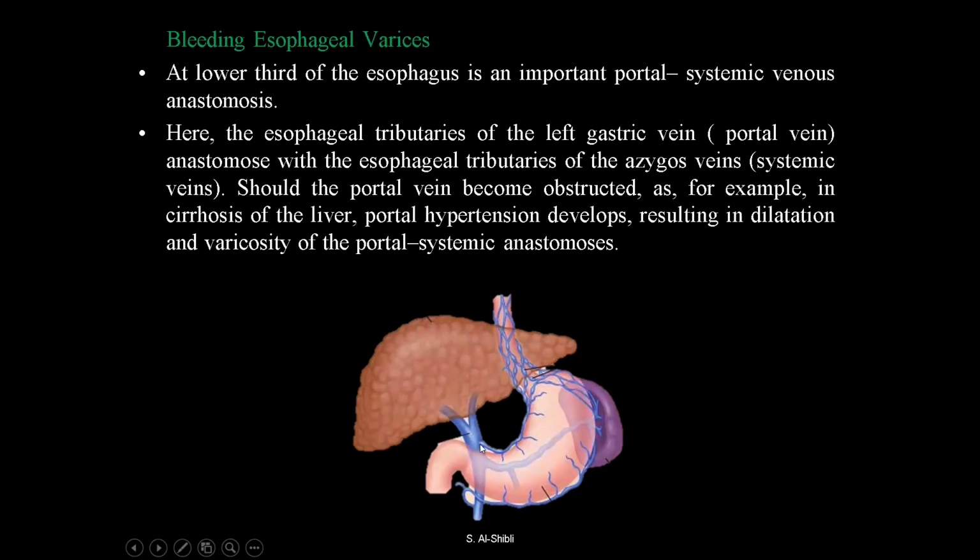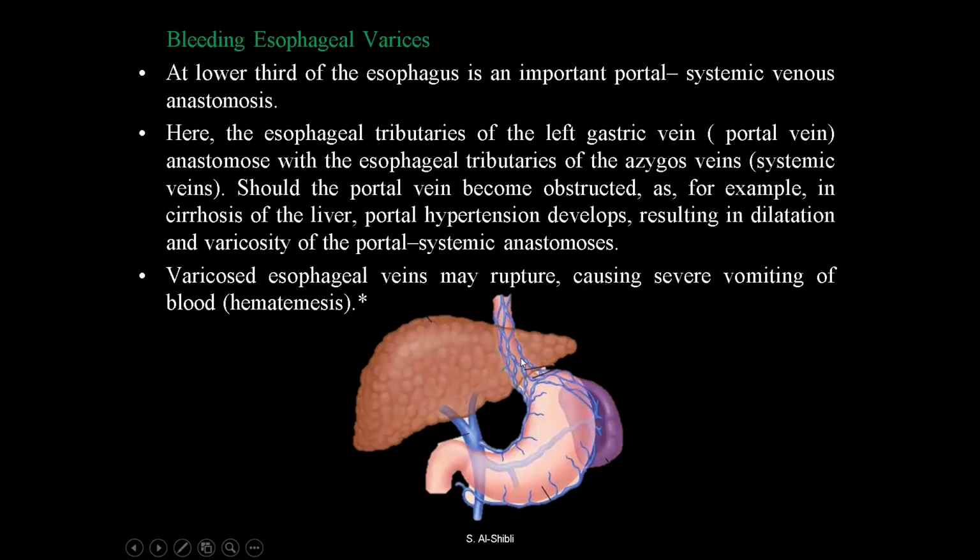So if the portal vein becomes obstructed, like in cirrhosis, portal hypertension develops, resulting in dilatation and varicosity of the portosystemic anastomosis. We will take this tomorrow, inshallah. Okay.